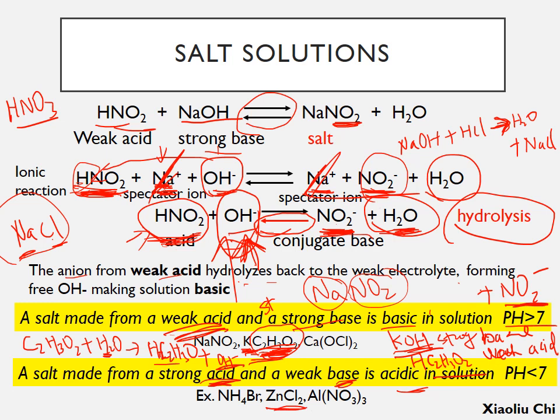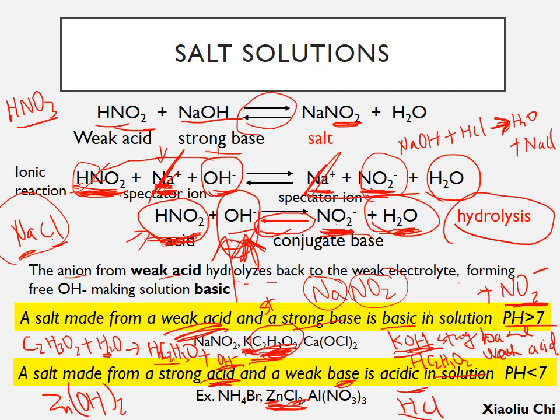Let's take zinc chloride as an example. Zinc comes from zinc hydroxide, which, as we know, is a weak base, and chloride comes from hydrogen chloride, a strong acid. So the strong acid wins, and the solution is acidic.